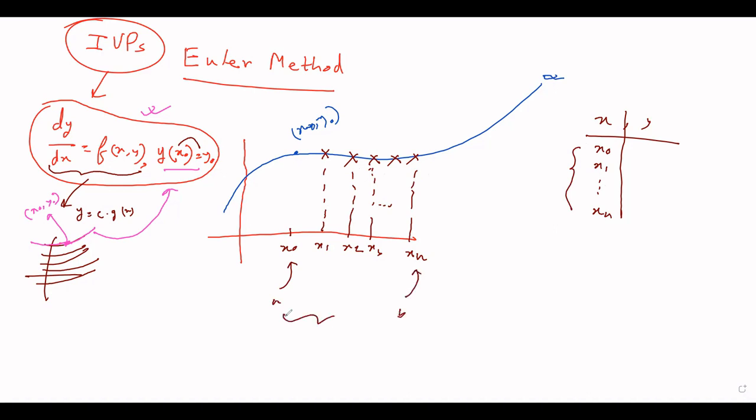Then we are trying to find a set of two-dimensional points for this particular situation, a set of points in the interval a comma b, I should have written inclusive, that satisfy or almost satisfy this curve, right?